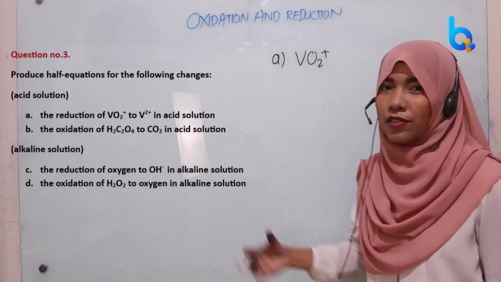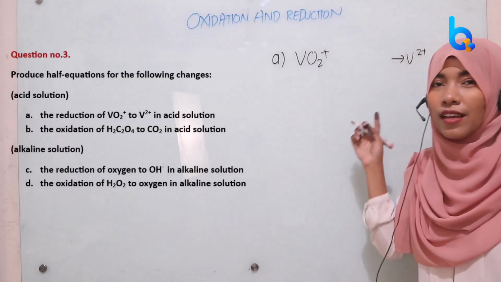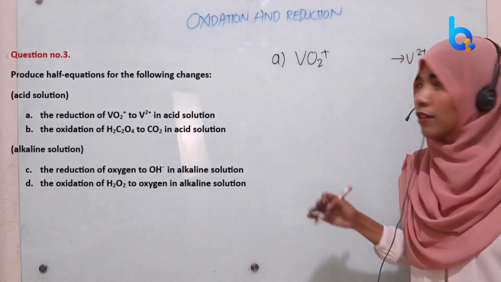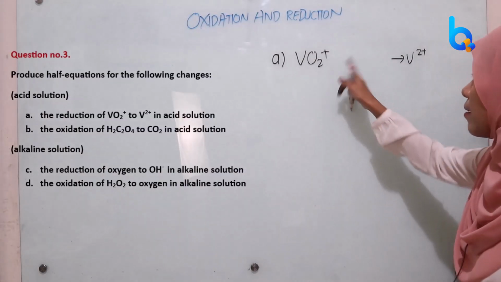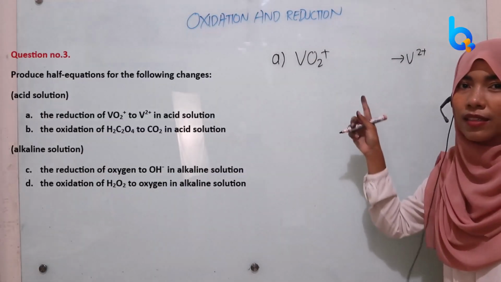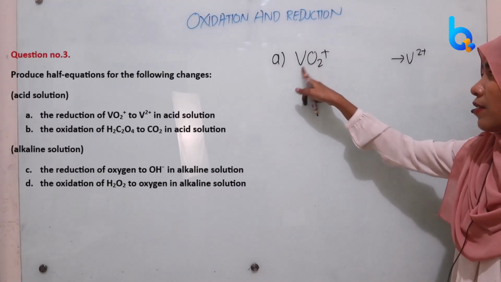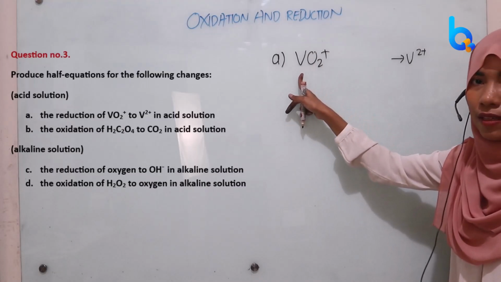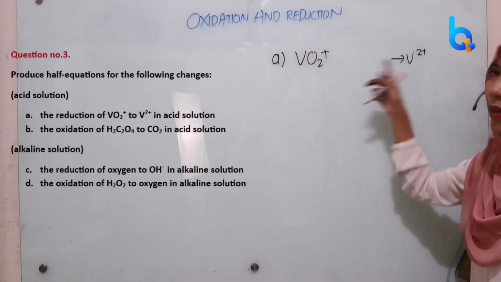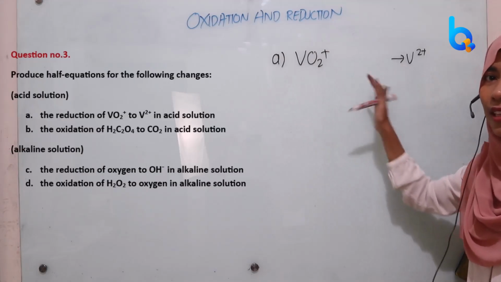From the previous explanation, we know that in acid solution we do step 1 until 4. The first step is balancing other elements other than oxygen and hydrogen. Here the element other than O and H is only V, but the V here is already balanced, so just leave it like this.